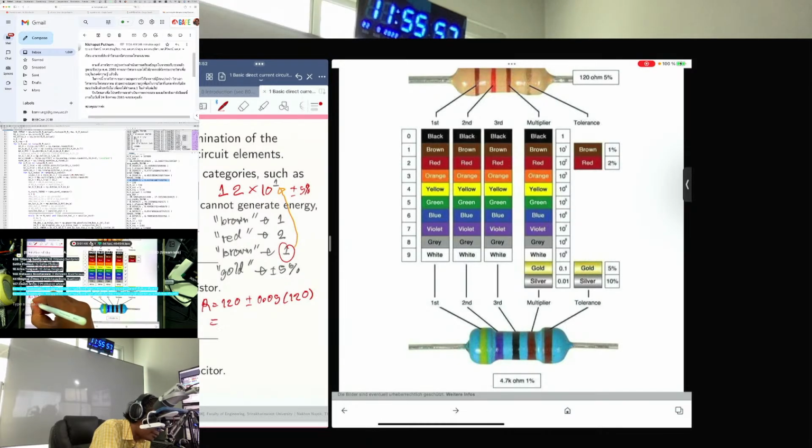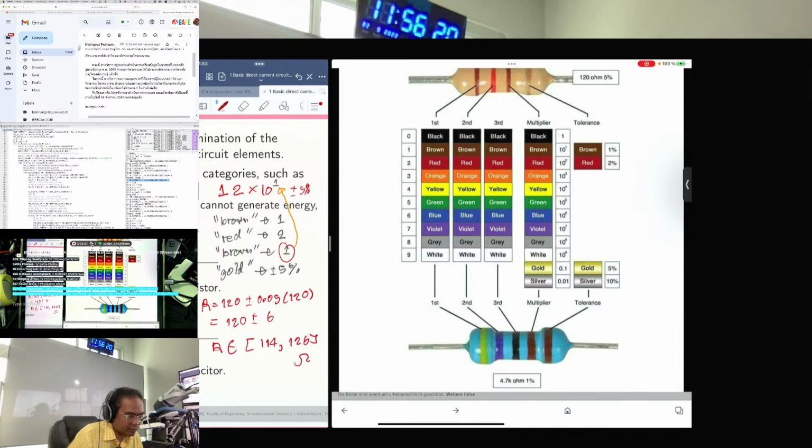So it's going to be 120 plus and minus 6. So R will be in the range of 114 and 126 ohm.